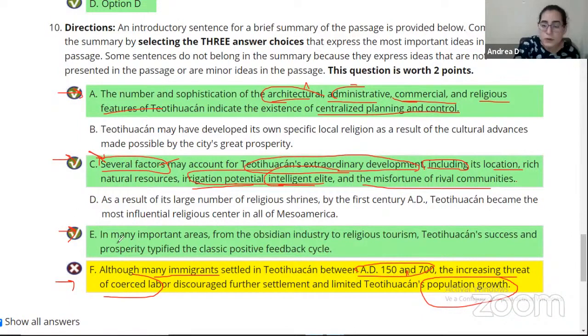And finally, E, the same thing. In many important areas, from the obsidian industry to religious tourism, Teotihuacan's success and prosperity typify the quasi-positive feedback cycle. Again, you see how this is so broad? Many important areas, from the obsidian industry to religious tourism.